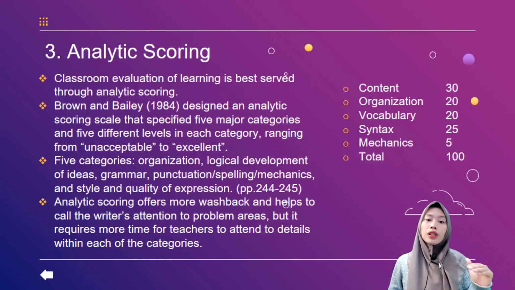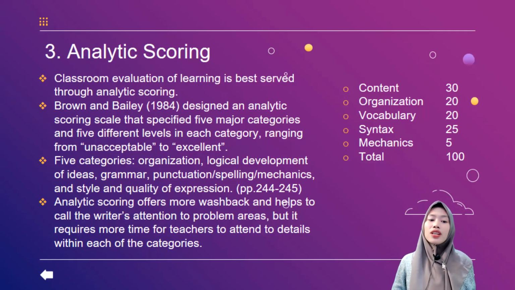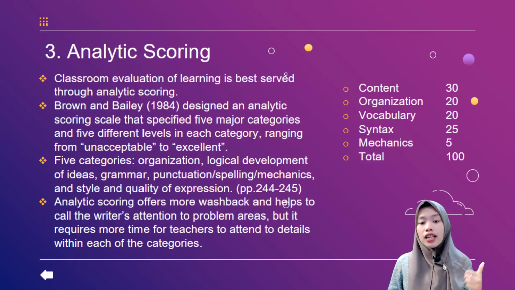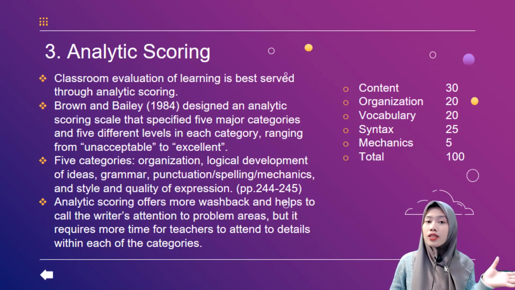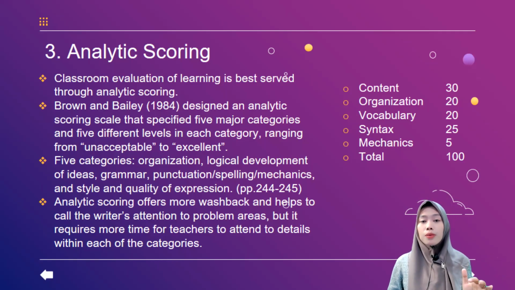And then the five categories are organization, logical development of ideas, grammar, punctuation, spelling, and mechanics, and then style and quality of expression. And then analytic scoring offers more washback and helps to call the writer's attention to problem areas, but it requires more time for teachers to attend to details within each of the categories. Okay.